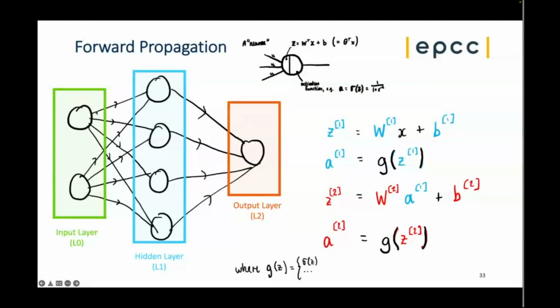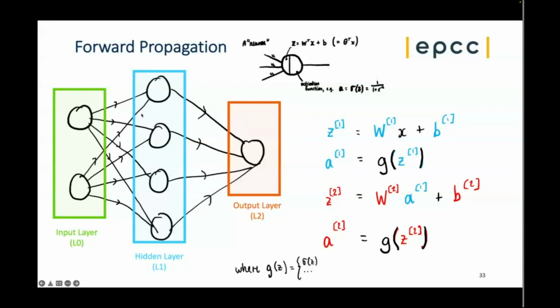The values of X are the values that came out of these nodes here, the input layer. So they are just the original input data.